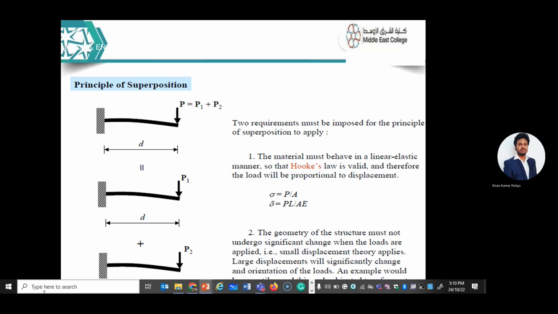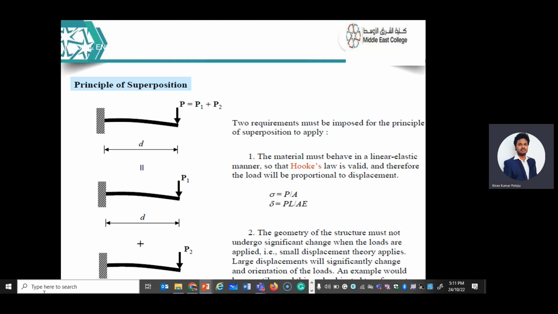But if I'm applying load and not removing it, I'm still continuing applying load, and it crosses the elastic limit, it enters into the plastic limit. Once it enters into the plastic limit, even if I remove the load, it will not come back to the original position because it is in the plastic limit.